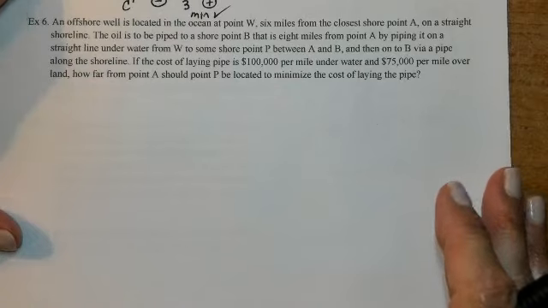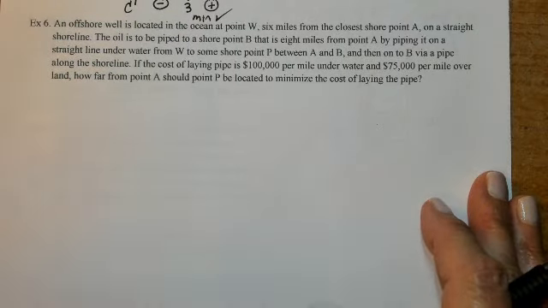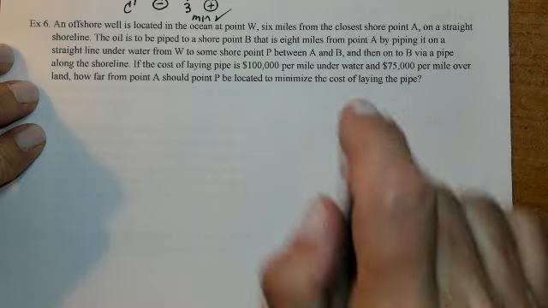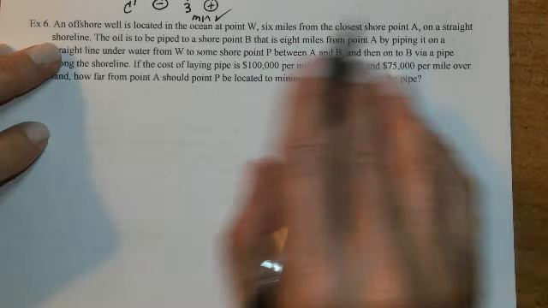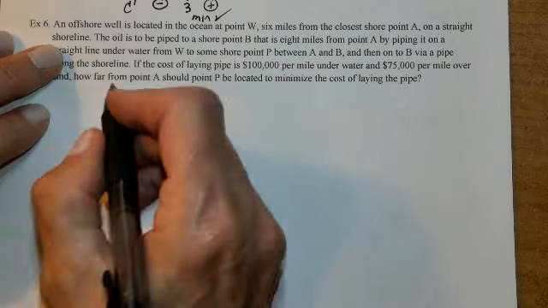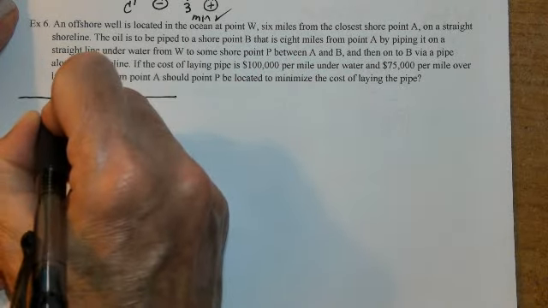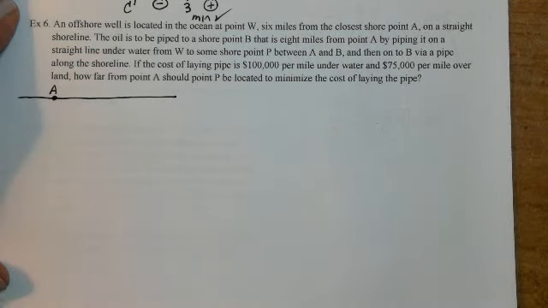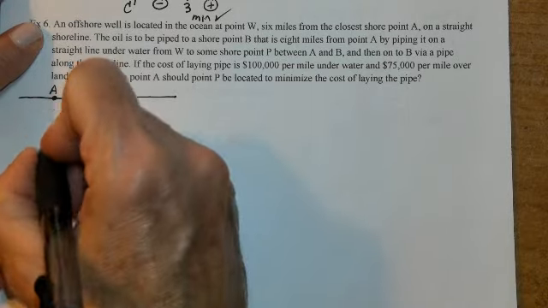An offshore well is located in the ocean at point W, 6 miles from the closest shore point A on a straight shoreline. Okay, let's draw that. We have a straight shoreline, and point A is here, and out in the ocean is the offshore well.